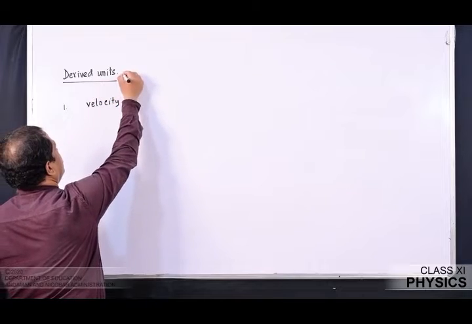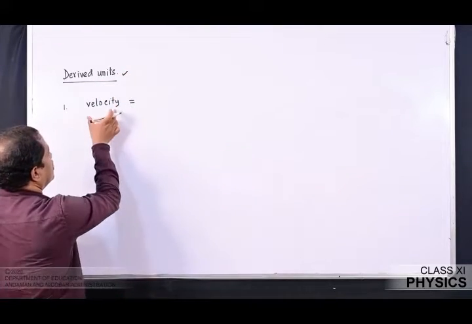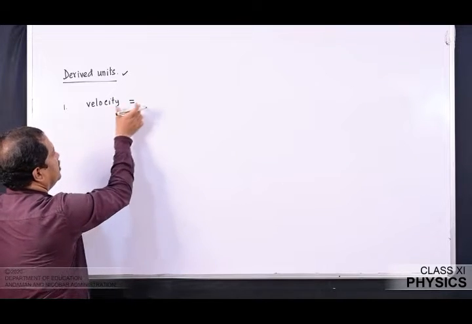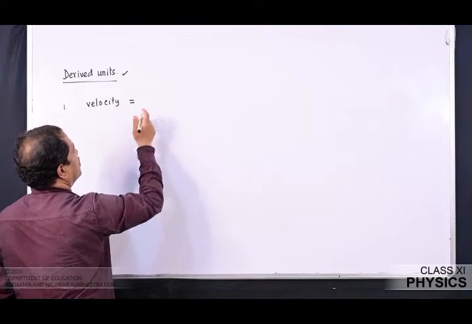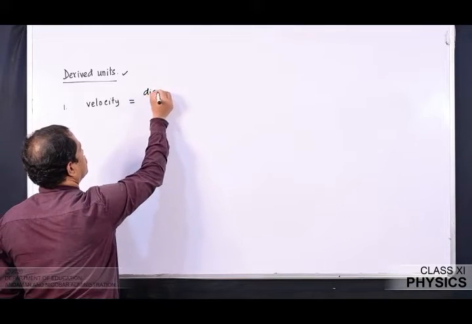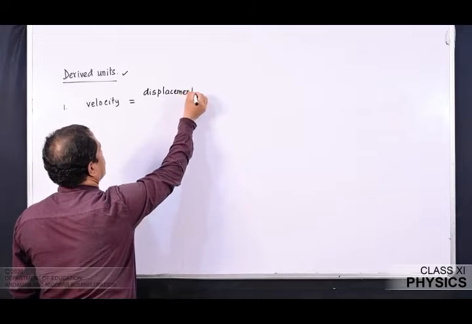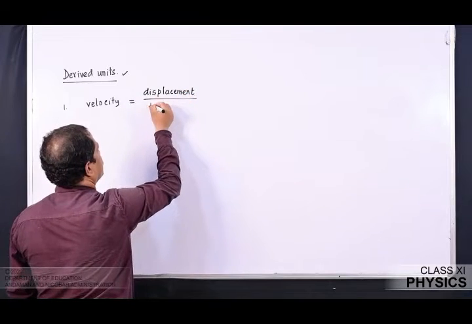For writing the derived unit I must write the derived physical quantity in terms of fundamental physical quantities, which we have studied in lower class. Velocity is displacement by time.